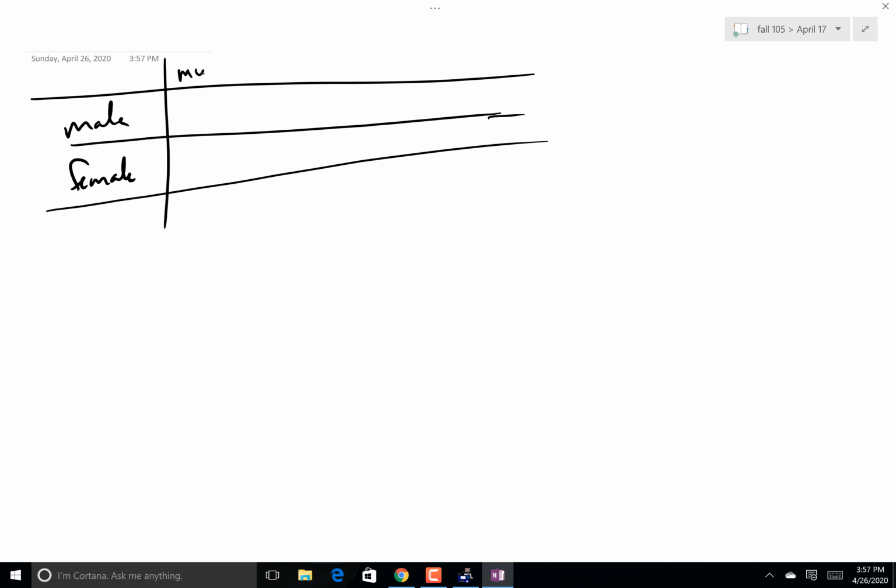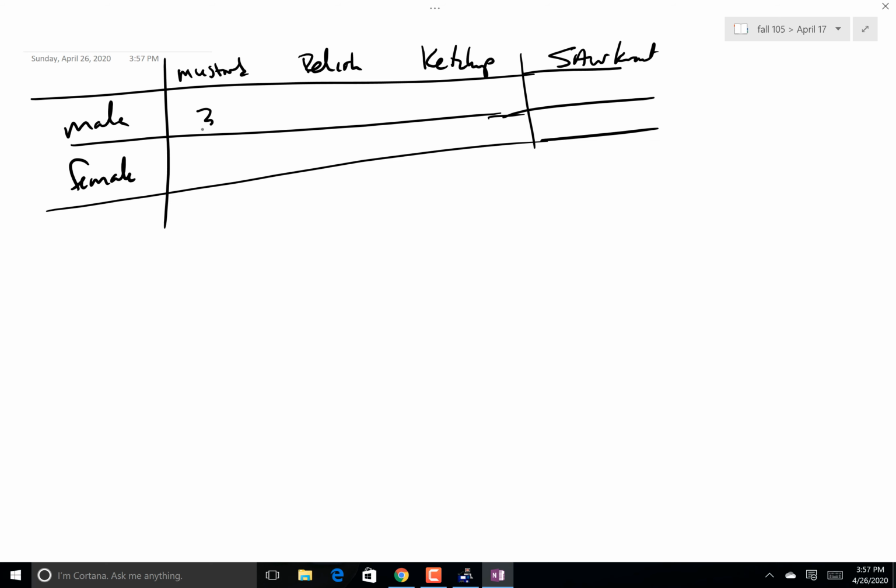Mustard, relish, ketchup, and of course sauerkraut. So little topics of what kind of things they prefer on their dogs or whatever. So it might be something like this: 30 and 20, and then 10 and 40, and then 10 and 10, and then 70 and 60 or whatever.